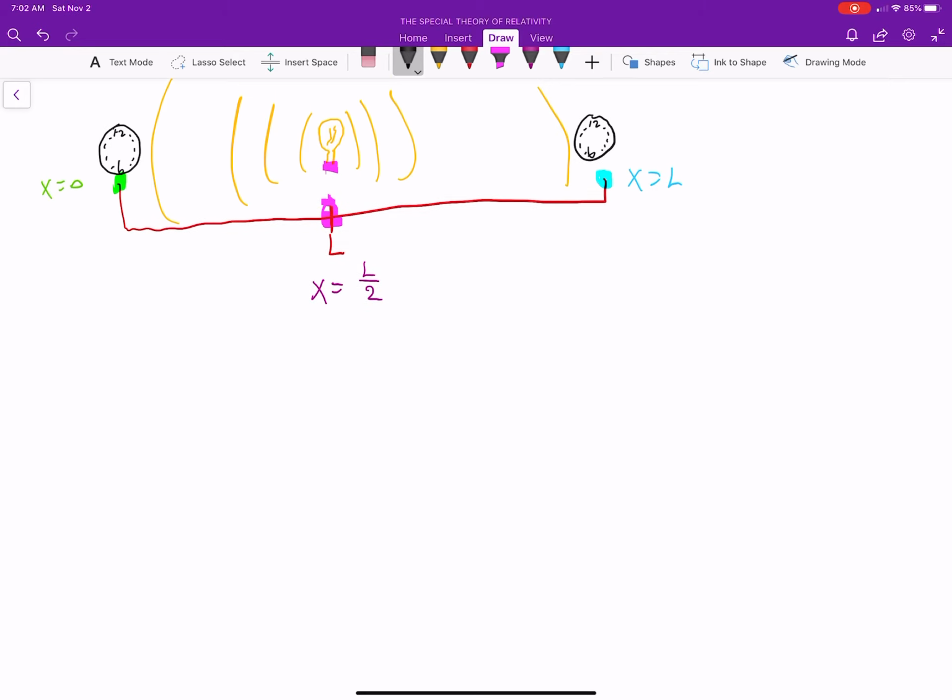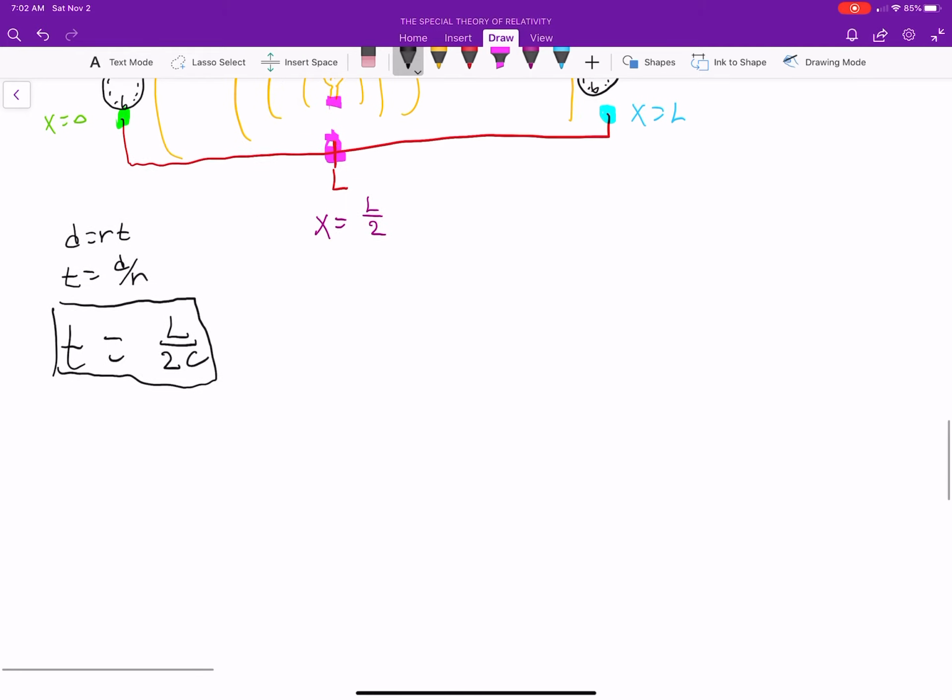The light takes time t equals L over 2 over the speed, right? Distance equals rate times time. The distance is L over 2, and the rate is c, because it's the speed of light. So that's how long it takes to reach the two clocks, if you're looking at it from a stationary perspective.